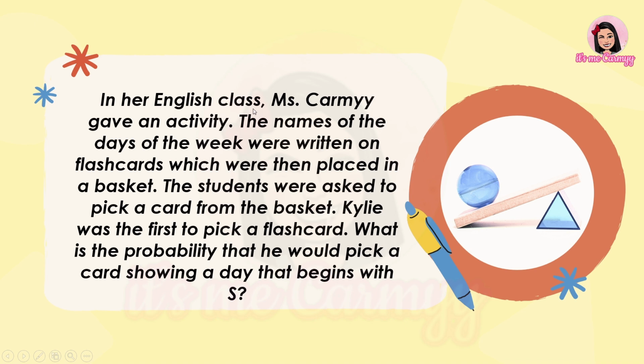In her English class, Miss Carmyy gave an activity. The names of the days of the week were written on flashcards, which were then placed in a basket. The students were asked to pick a card from the basket. Kylie was the first to pick a flashcard. What is the probability that she would pick a card showing a day that begins with S?